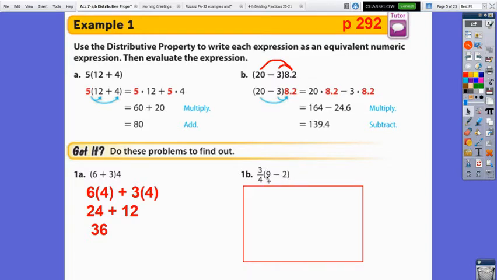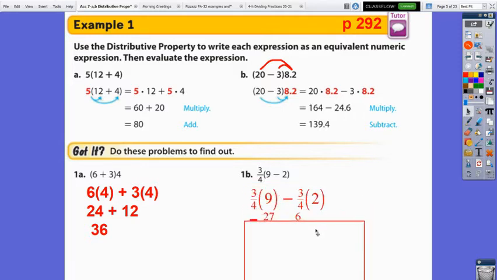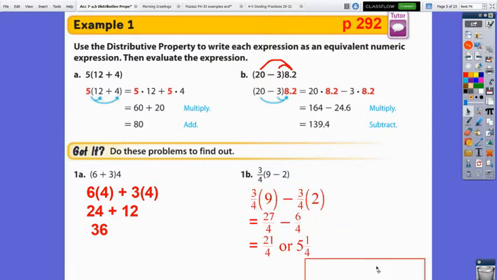Now it looks like the fractions are not going to go away here, so you will kind of keep these as fractions with a common denominator. 27/4 minus 6/4 is 21/4, or 5 1/4.